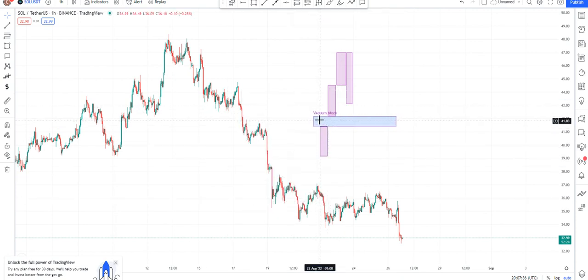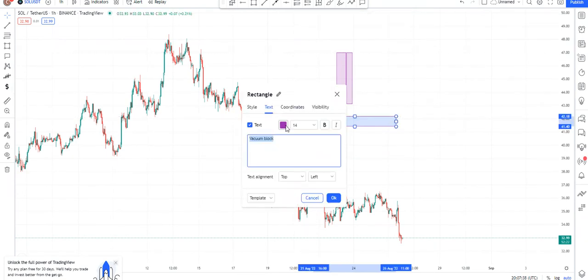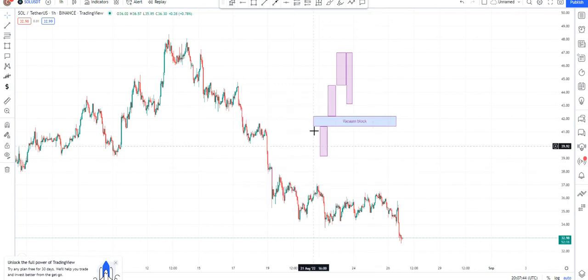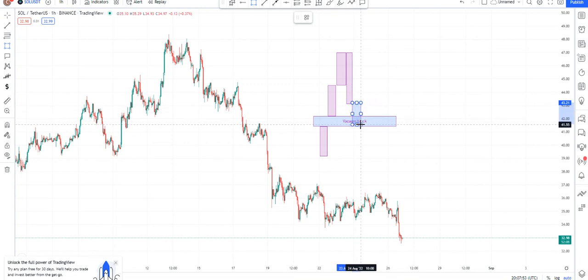So a vacuum block is a place where there is no price action. We're expecting price to now come inside that vacuum block. Respect the vacuum block. It might go beyond it a little bit because that place is basically an imbalance.